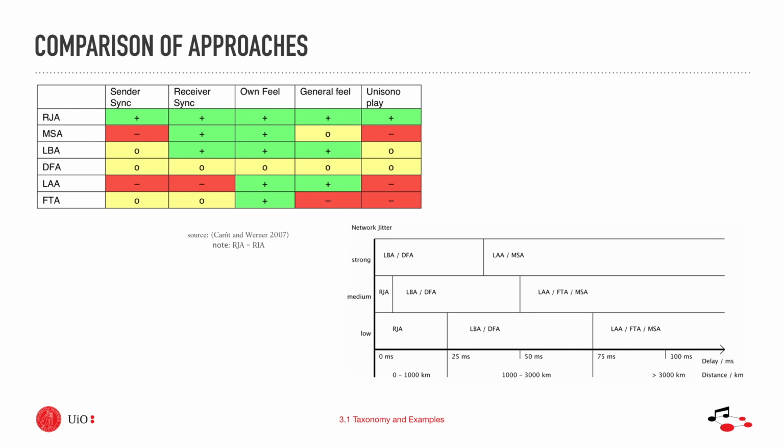The synchronization at the sender, at the receiver, so how is the feeling of playing in sync at the sender and receiver point, the home feel, the general feel across the ensemble, and the possibility of playing unison. Not surprisingly, the realistic interaction approach is the one that provides the best across the spectrum, so the entire row is green.